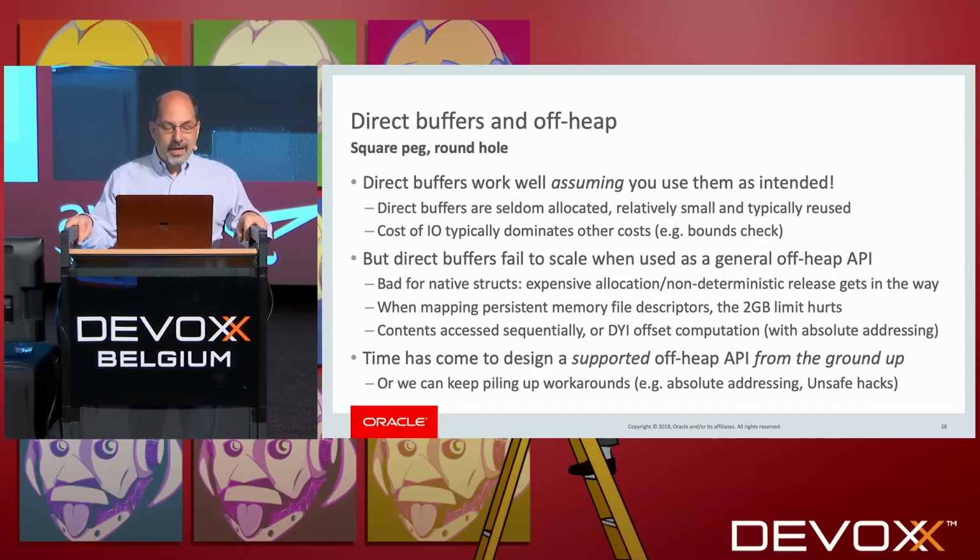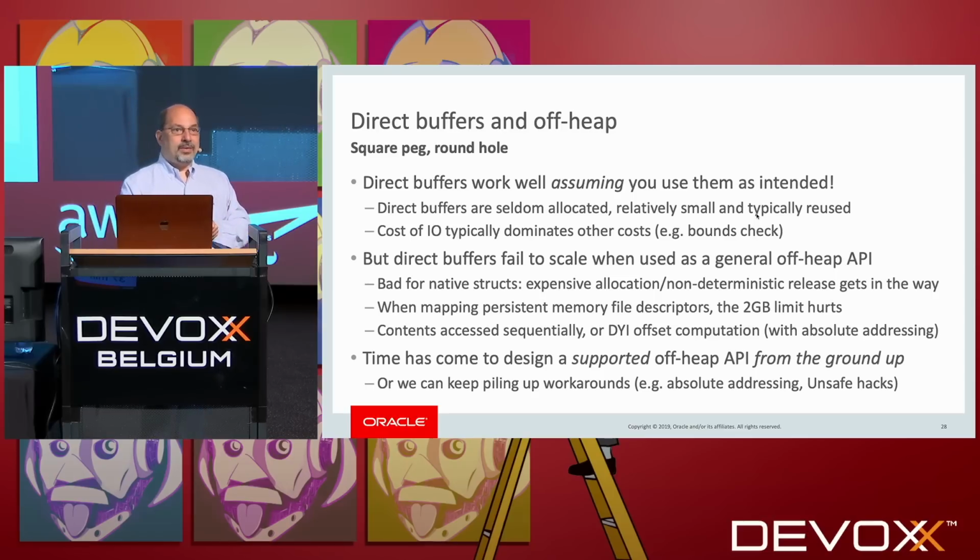But it's not an ideal match for off-heap. So our theory is the time has come to have an API that's designed for off-heap access, that's fast, that's safe, and that doesn't rely on unsafe.